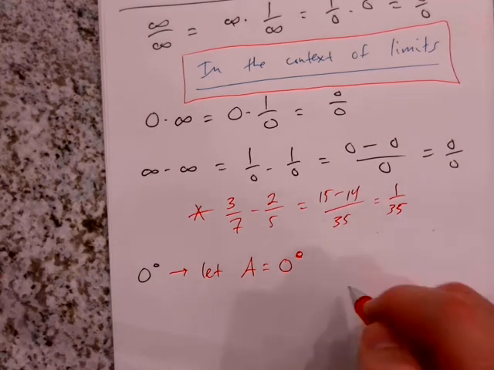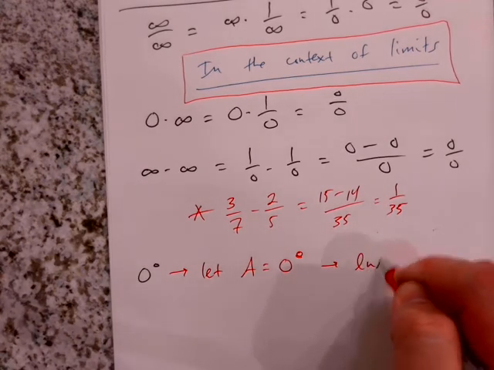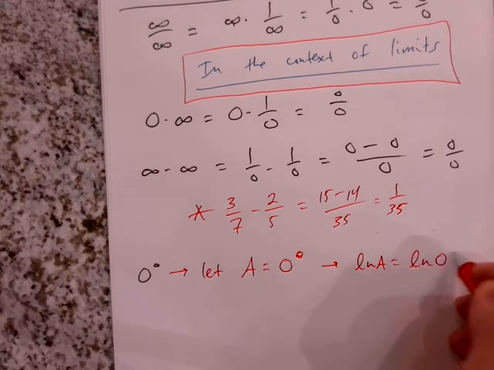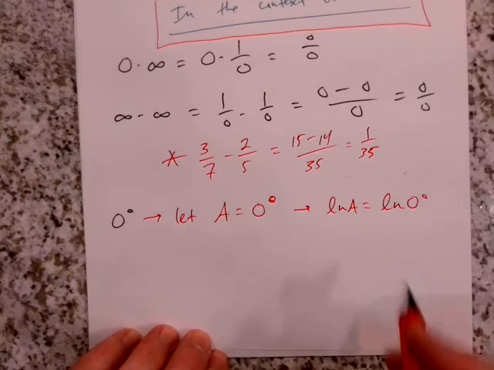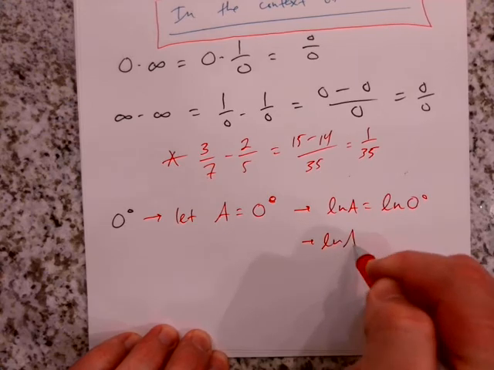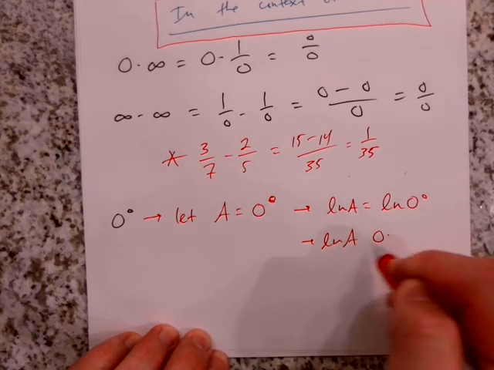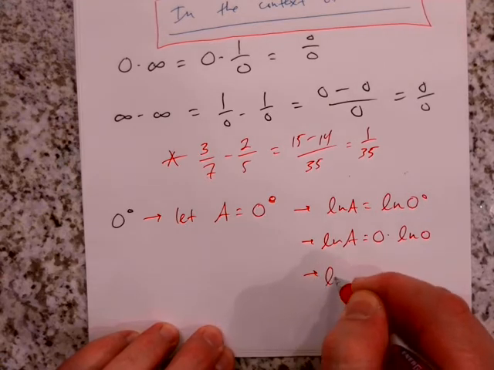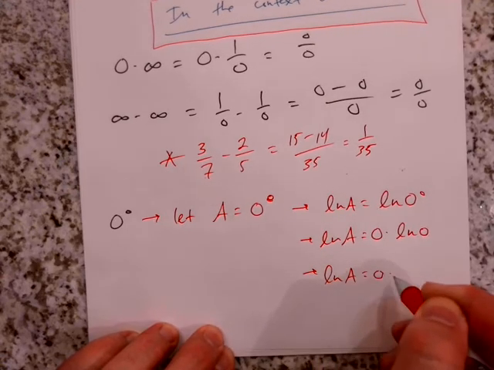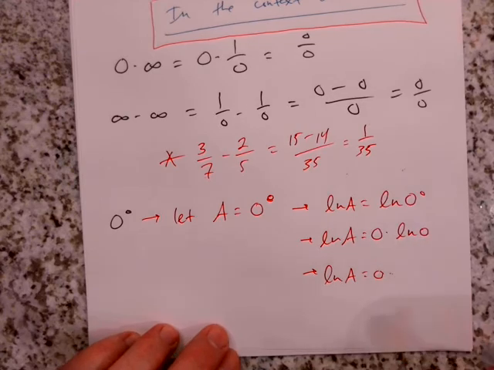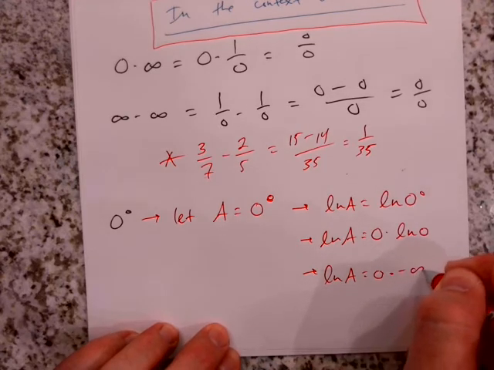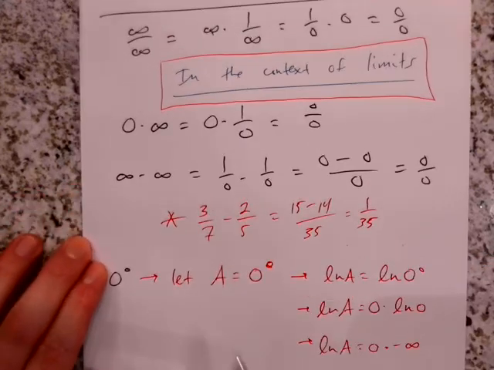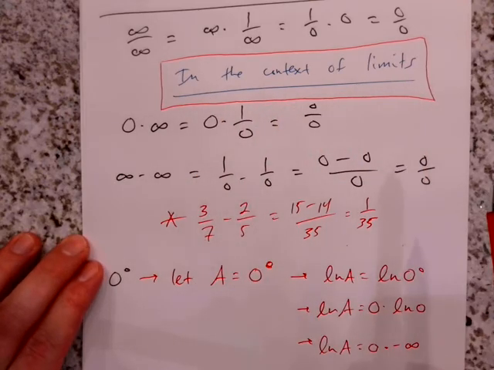We log both sides. Log a equals log of 0 to the 0. Doing that allows us to bring this 0 down in the front. Log a equals 0 times log 0. Now the natural log of 0 is negative infinity, because again, we are in the context of limits.